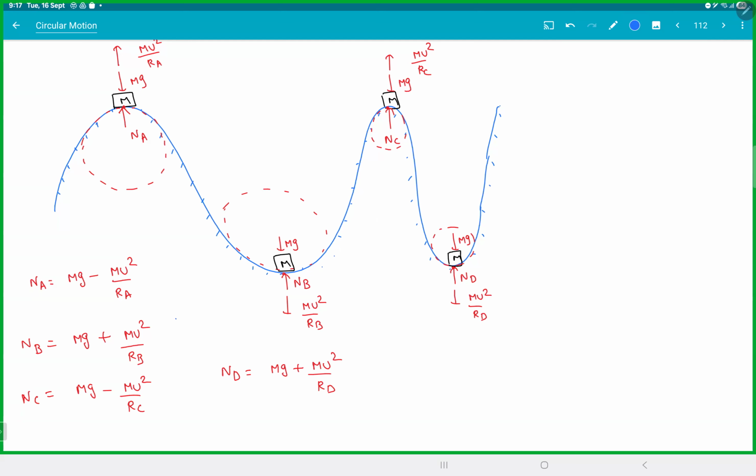Now who is bigger? You can clearly see since radius of curvature RD is much smaller than radius of curvature at B, mu square by RD must be greater than mu square by RB. Therefore, normal reaction at D is greater than normal reaction at B. That is clear.